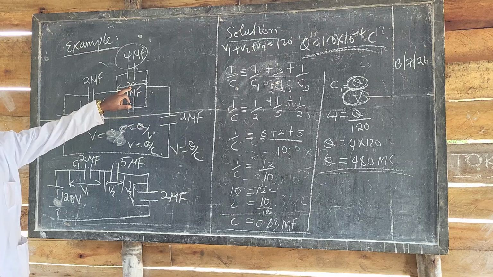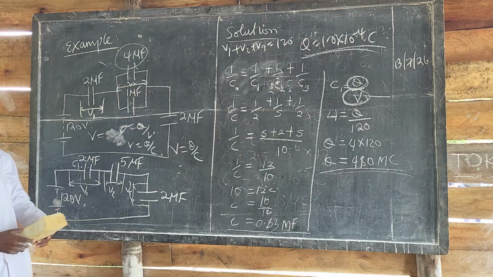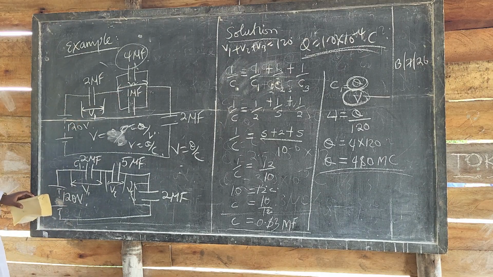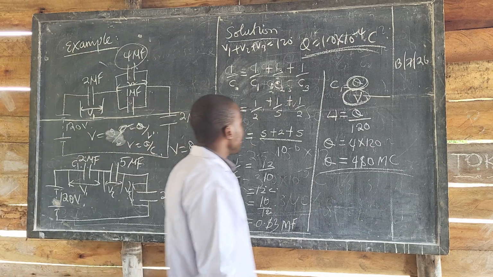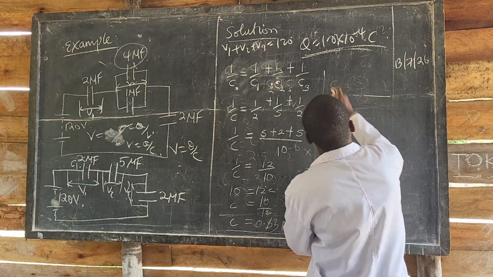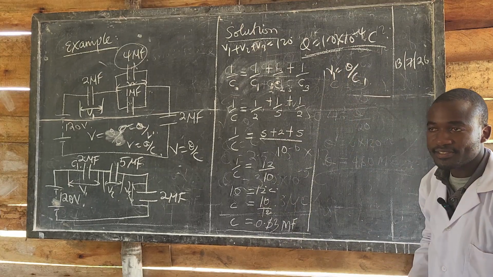Are we together? Because our V1 is going to be that charge over C1, right?